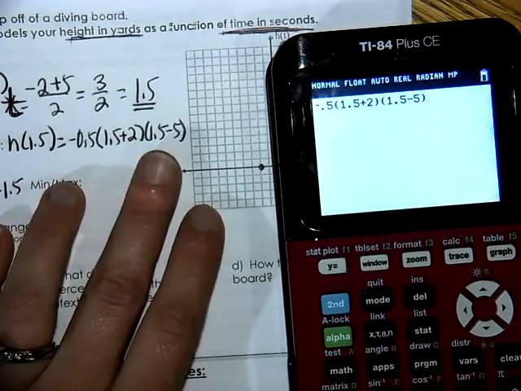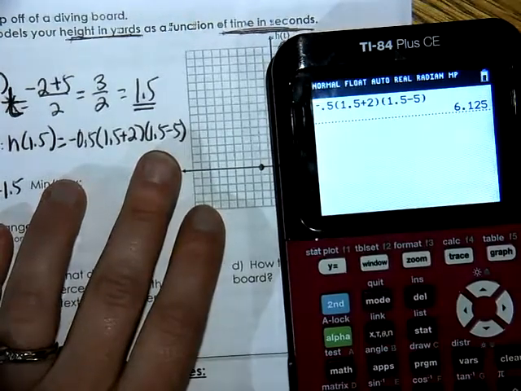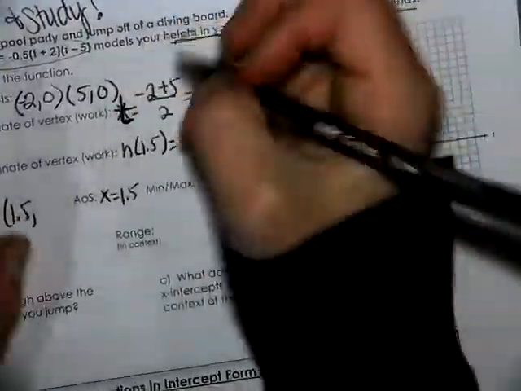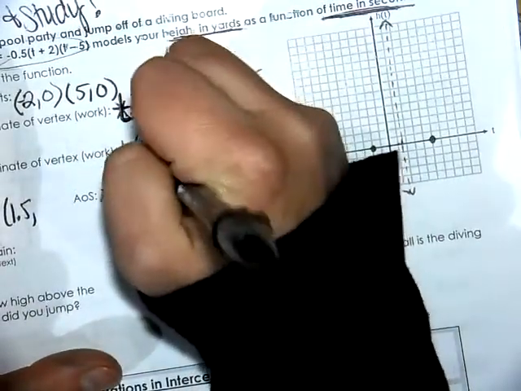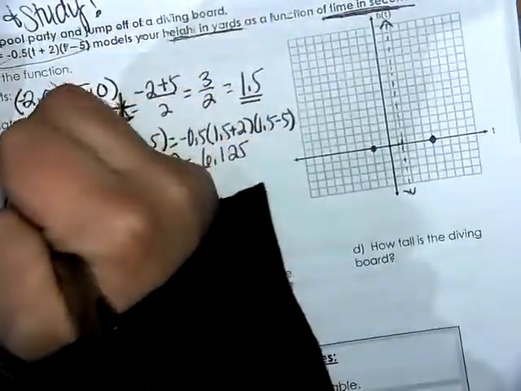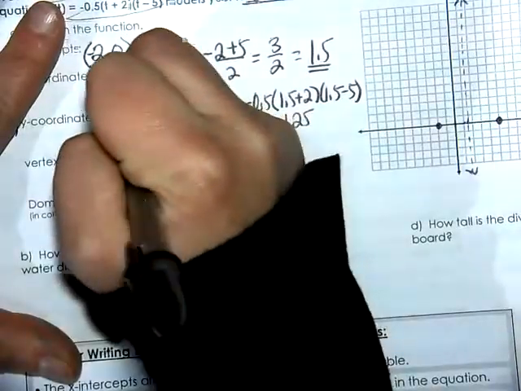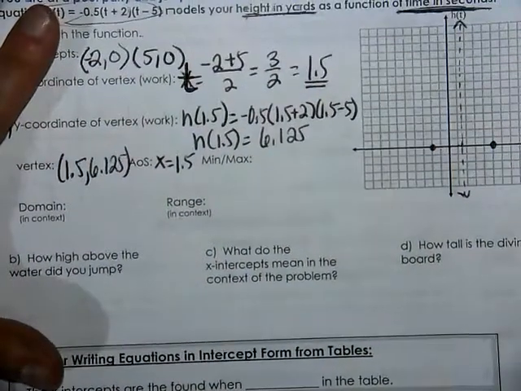I'm going to verify that I wrote it down correctly in my calculator. Looks good. I press enter and I end up with 6.125. And that is the y part of my vertex, so I'm going to write that down and plot that point.